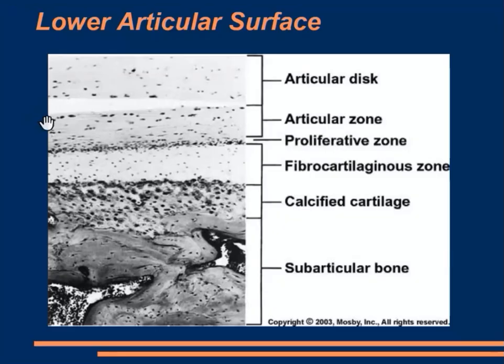Underneath, we have an articular zone, a very thin proliferative zone in adults, a fibrocartilaginous zone with multiple fibroblast-like cells and cartilaginous or chondrocyte-like cells. And also we have the calcified cartilage layer.